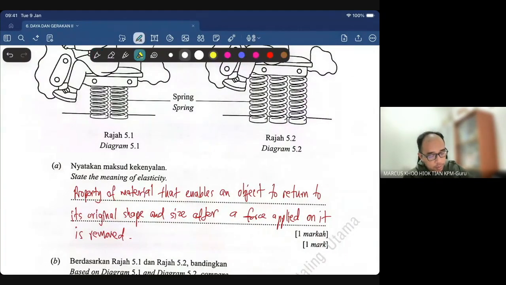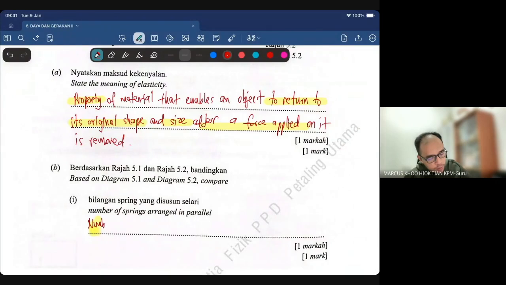Okay, the keywords being property, object returns to its original shape and size after a force is removed. Keywords are this. Okay, so the number of springs, this is a compare question.